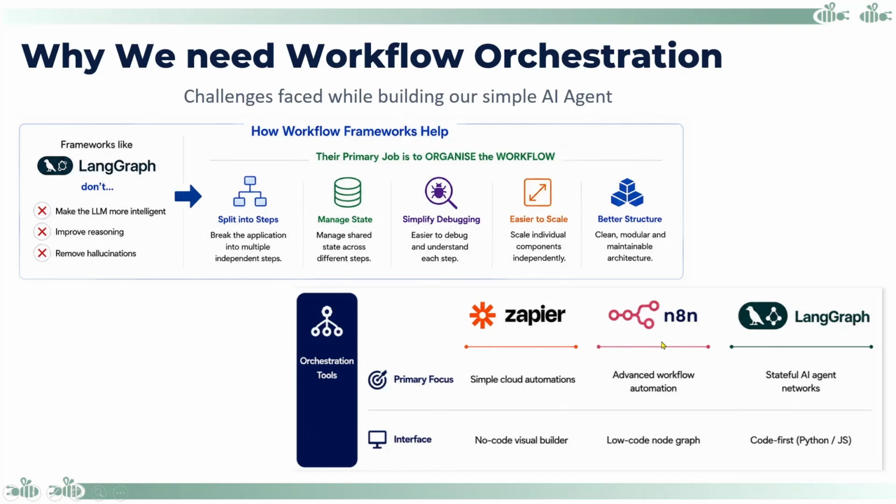And n8n is also out there. It is a little bit more advanced, and a lot of templates are available in n8n, where a lot of developers have already developed workflows that you can utilize for your use case. And if you happen to be a hardcore developer or someone working on enterprise-grade applications or agentic solutions, you can utilize the LangGraph framework.